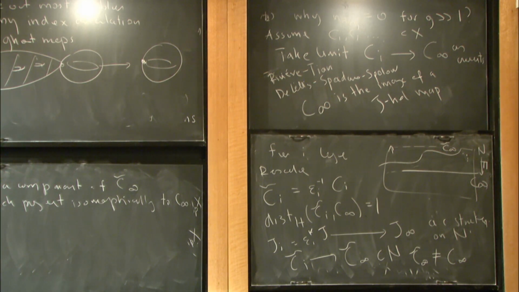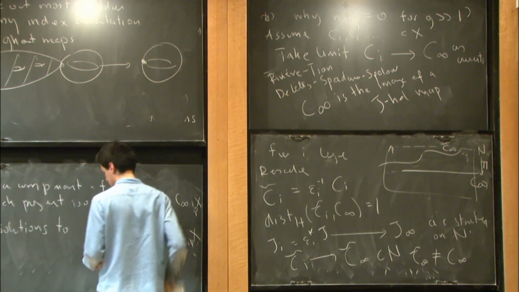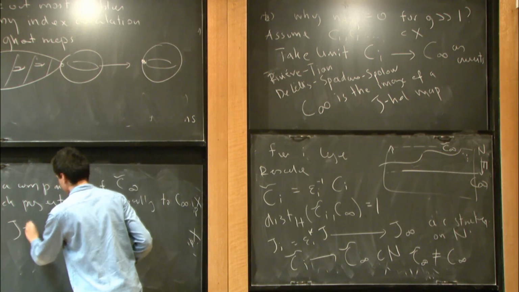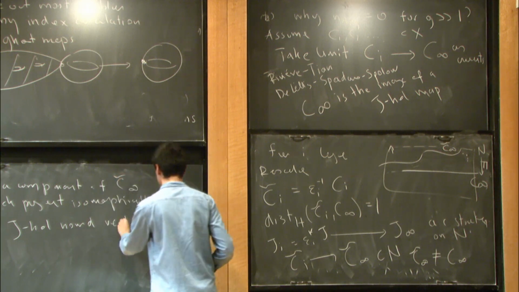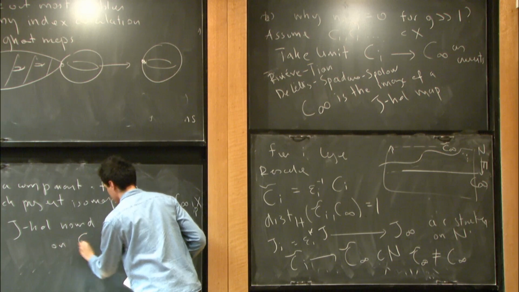Because you can show that J infinity holomorphic curves in the normal bundle are essentially the same as solutions to J holomorphic normal vector fields on C infinity.